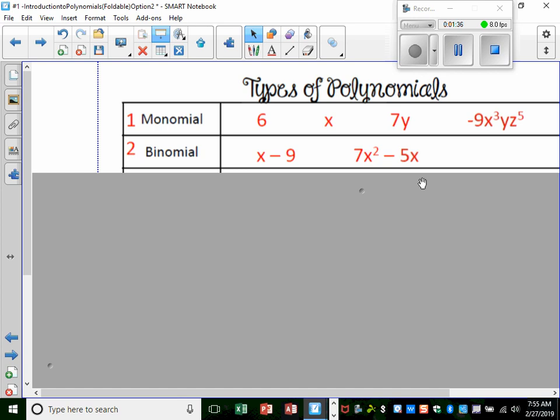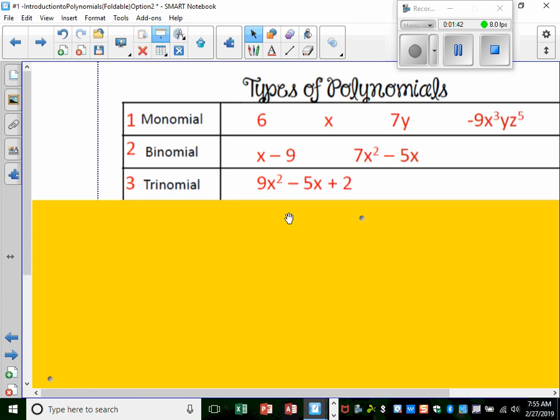You have 2 terms. So what do you think 3 terms are called? Trinomial, okay. So that's what we call a trinomial. And again, terms are separated by plus signs and minus signs. So this would be one term, the 9x squared. Here's your second term, the negative 5x, and the positive 2.